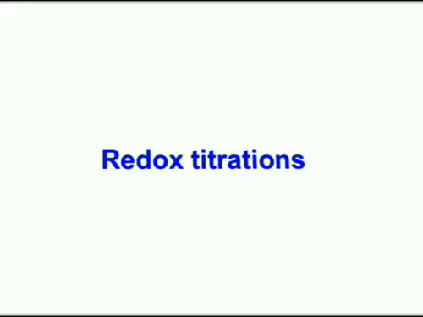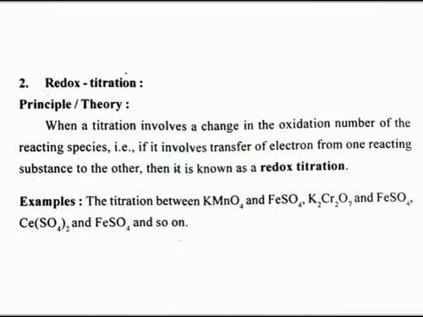Now we shall move on to the principle behind redox titration. The principle of redox titration is that when a titration involves a change in the oxidation number of the reacting species, that is, a transfer of electrons from one reacting substance to the other, it is known as a redox titration.